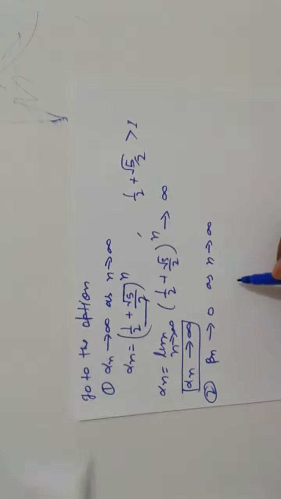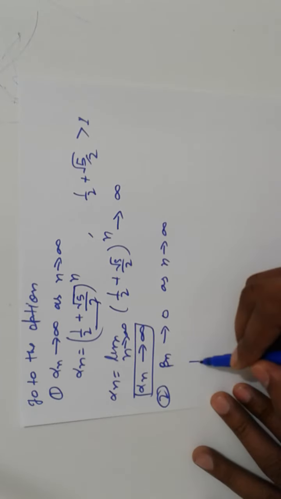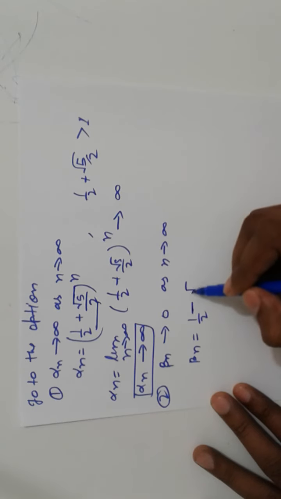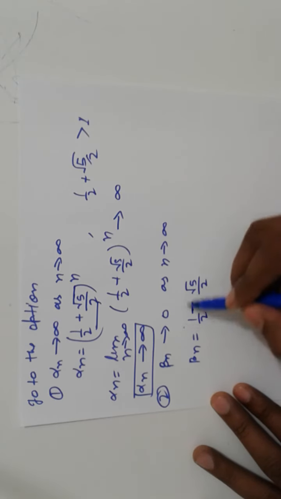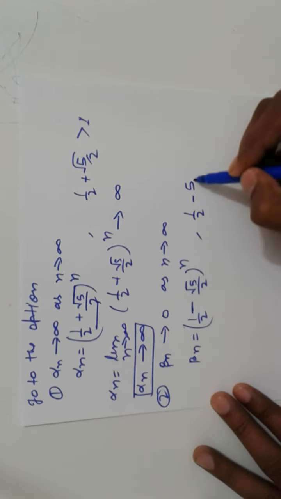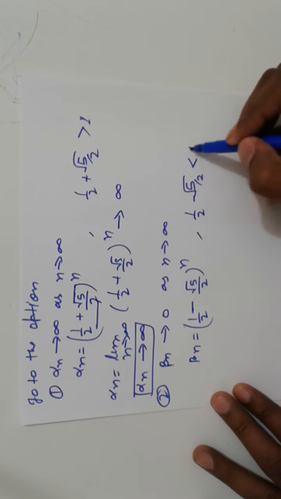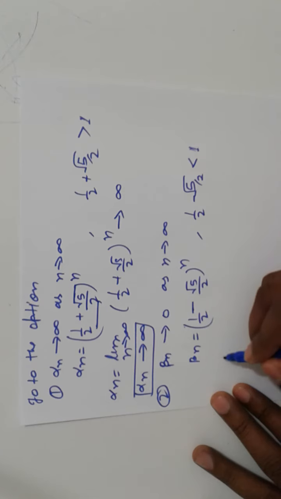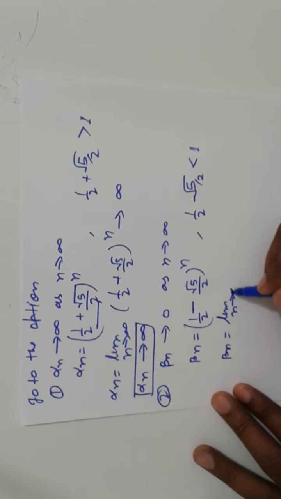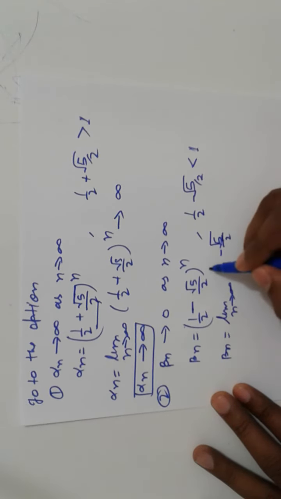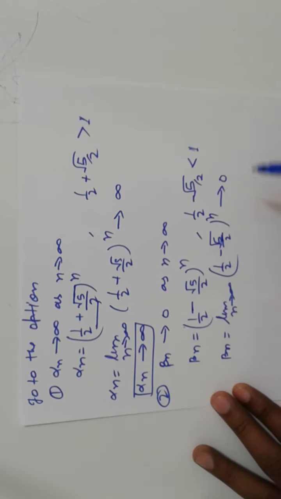Second, beta n tends to 0 as n tends to infinity. Now check beta n. Beta n is equal to 1 by 2 minus under root 5 by 2, raised to power n. Here the absolute value of 1 by 2 minus under root 5 by 2 is less than 1. So the limit of beta n as n tends to infinity is 1 by 2 minus under root 5 by 2 raised to power n, tending to 0.